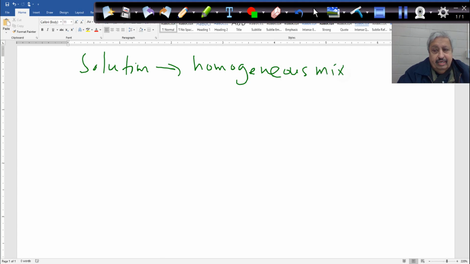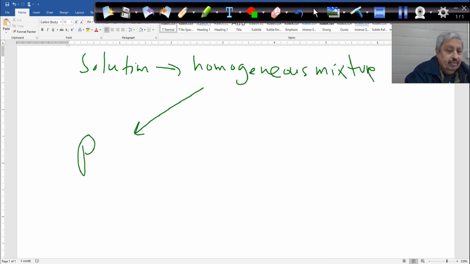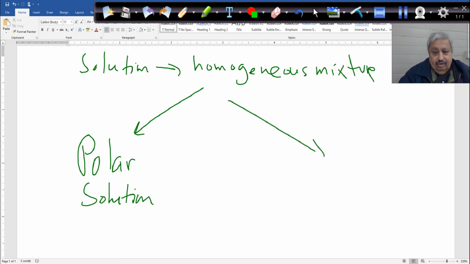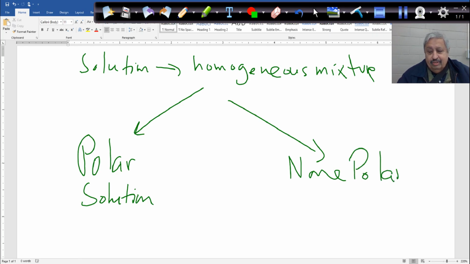That's correct. But it can be a polar solution, or it can be non-polar. So don't come to the idea that all solutions are polar. No, that's not true.